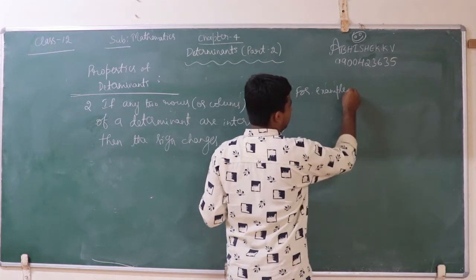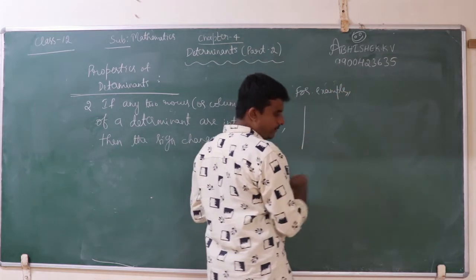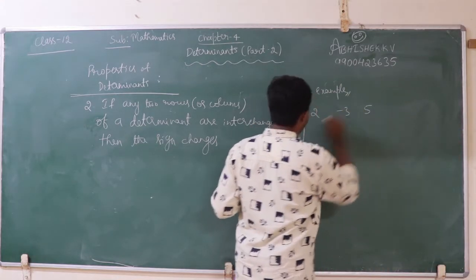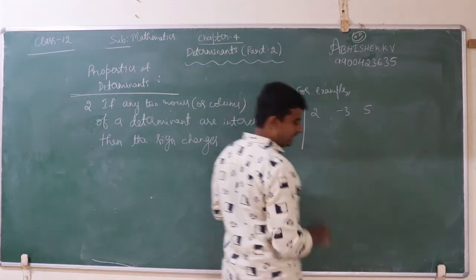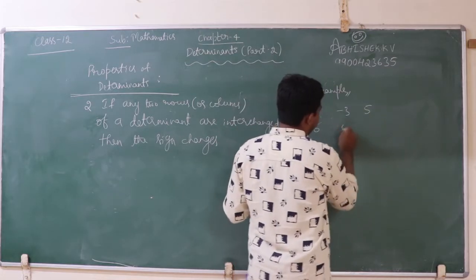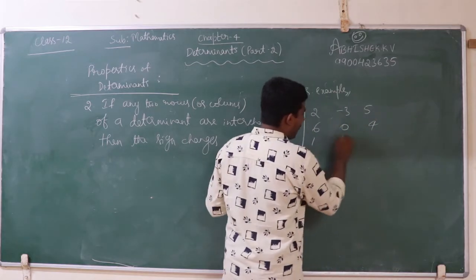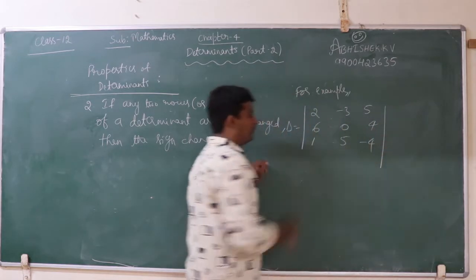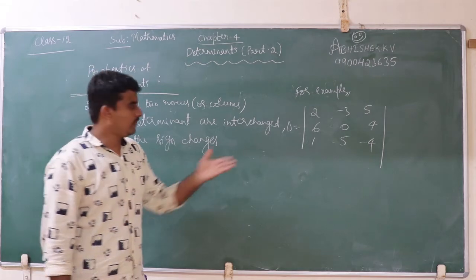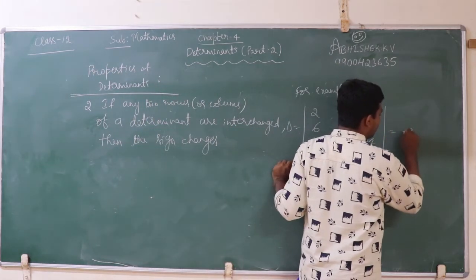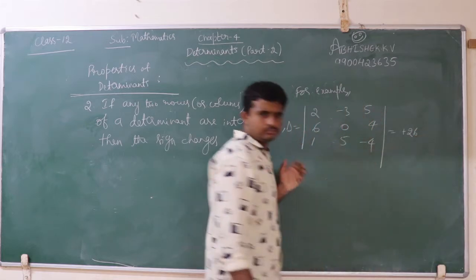For example, if I consider the same example, delta is equal to 2 minus 3 5, 6 0 4, 1 5 minus 4. We already did this. What is the value of the determinant? This is equal to plus 26.